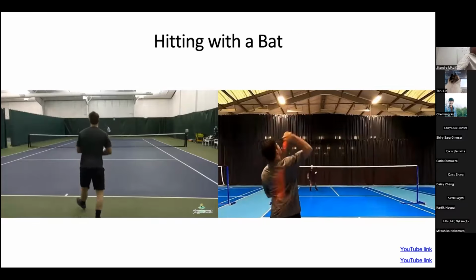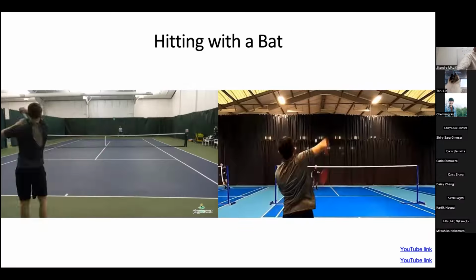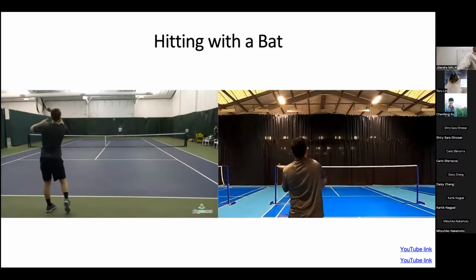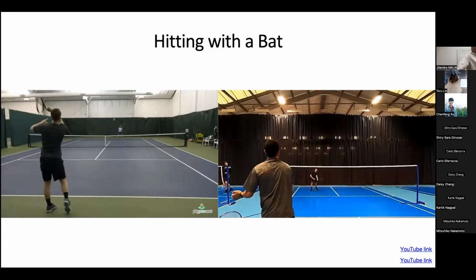So I want to use this as an example to make the following point. Humans are very good at zero-shot learning, but then you need lots and lots of training to become really good. So I don't play tennis, but if I go to the tennis court and somebody hands me a racket and a ball, I can probably play a legal serve, right? Why?